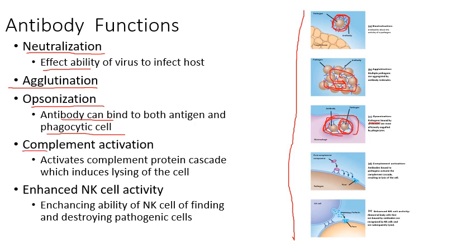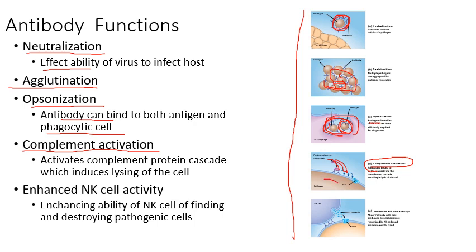And then the complement system we didn't get into, but basically the antibodies can induce complement activation, which is the movement of these complement proteins, but ultimately the activation of the complement system causes the lysing of the pathogen.